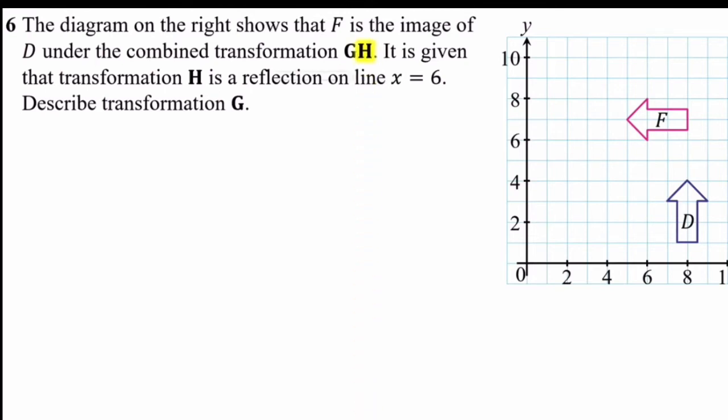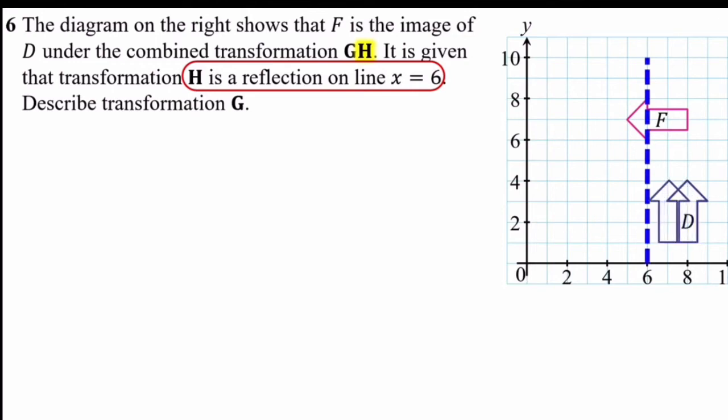Under two transformations. So now we need to find the first image after we do the H. What is H? H is reflection on the line x equals 6 because it's a vertical line that cuts the x-axis. So let's show how the object D is reflected on the line x equals 6, and we will get the image D prime.